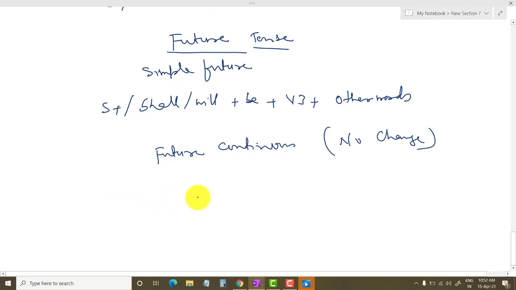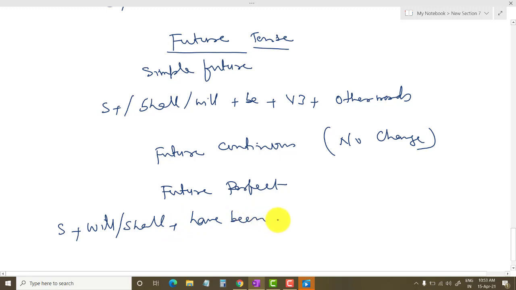And future perfect is subject plus will, shall plus have been plus V3 plus other words.